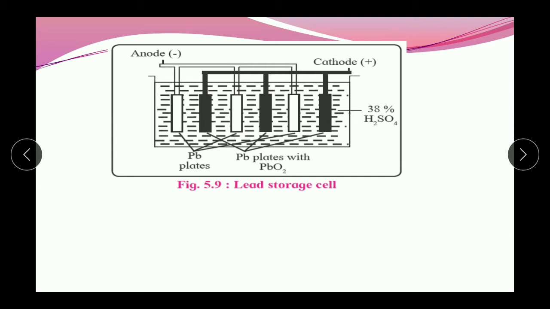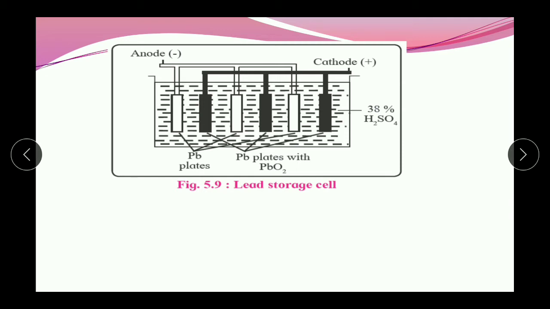But if we increase the number of plates, so many pairs of lead and lead dioxide we can use, and as the number of plates goes on increasing, we will get more voltage. So we can increase our potential or voltage by increasing the number of plates. Hence, I have shown here three pairs of anodes and cathodes, and this is the figure.